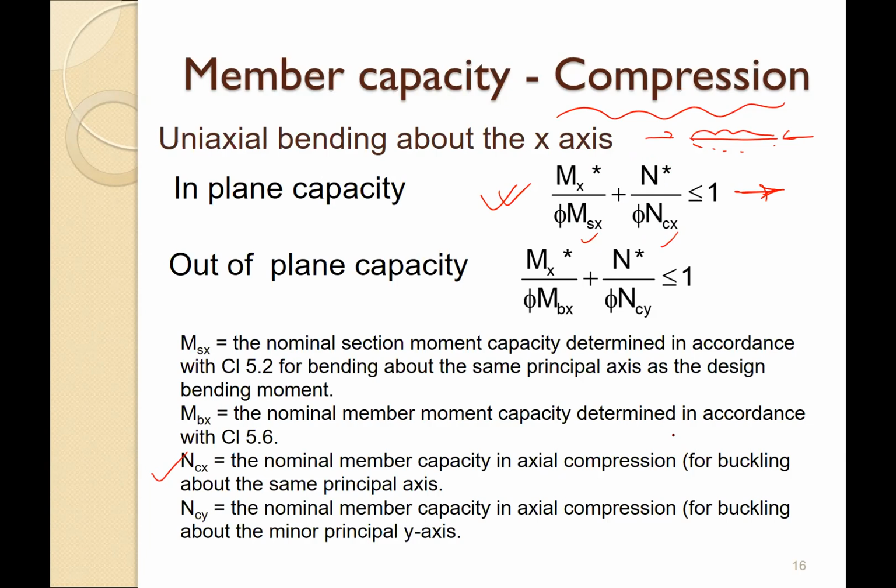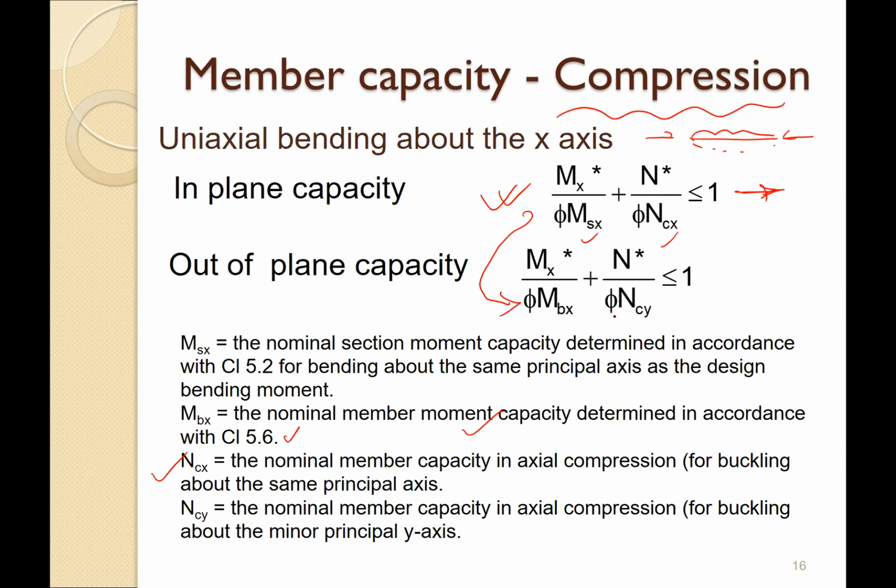But when it becomes out of plane, things become different. Then you see MSX becomes MBX, because now we are allowing out of plane, so a member capacity of the bending we have to consider, because it can limit the bending capacity. MBX is the nominal member moment capacity determined in accordance with clause 5.6, which you have already come across.